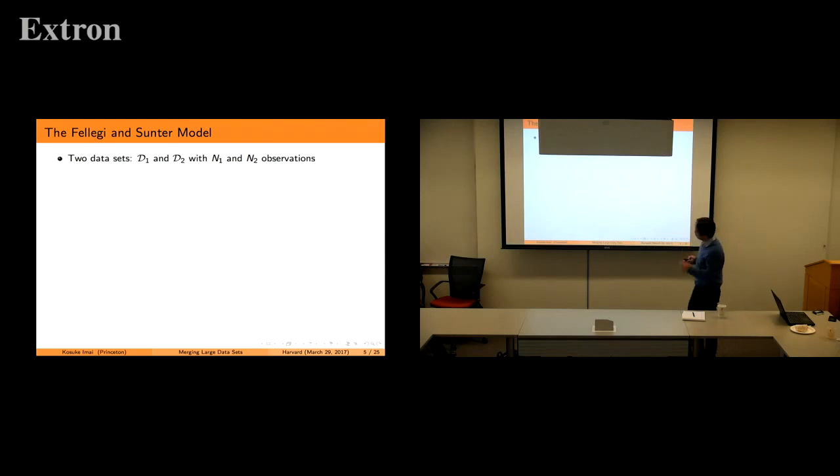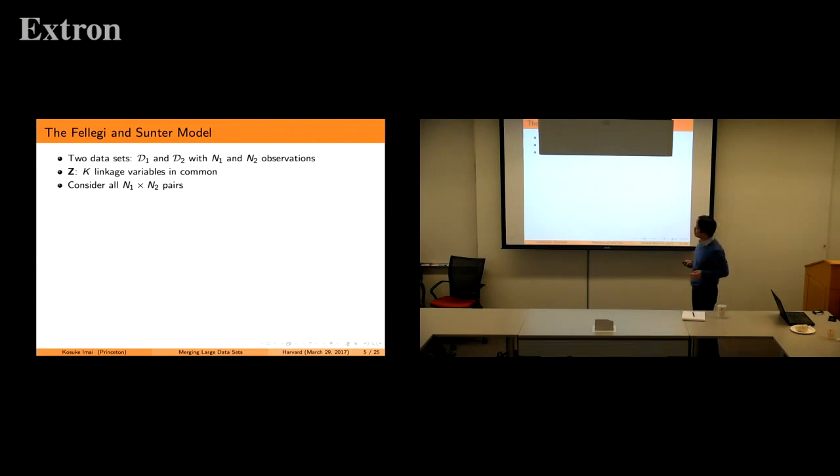Okay, so just to review this canonical model, the Fellegi-Sunter model, it's a very neat model. So there are two data sets, D1 and D2, with N1 and N2 observations respectively. There are K linkage variables in common. So these are the variables that you're going to use to do a match. In my example, it would be name, address, birthday, and so on.